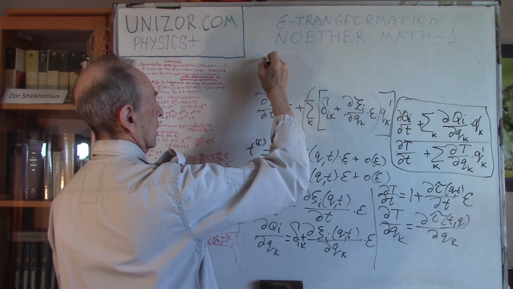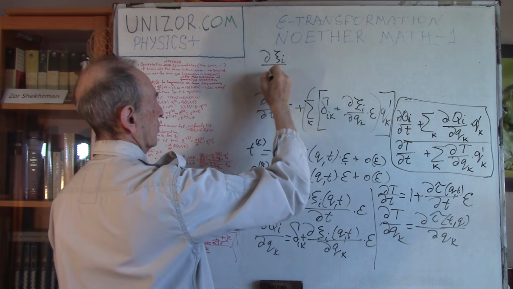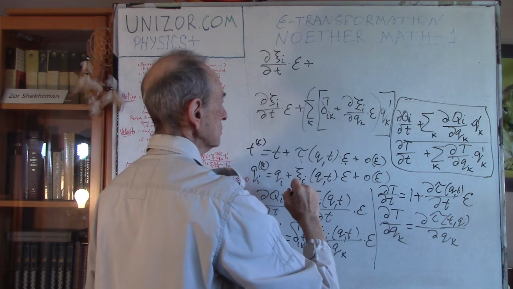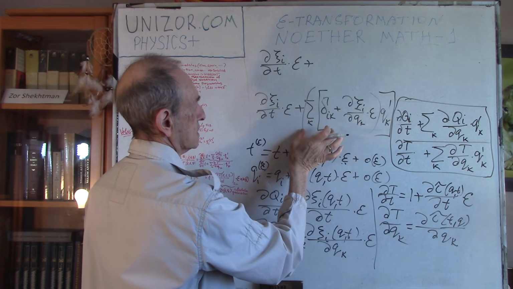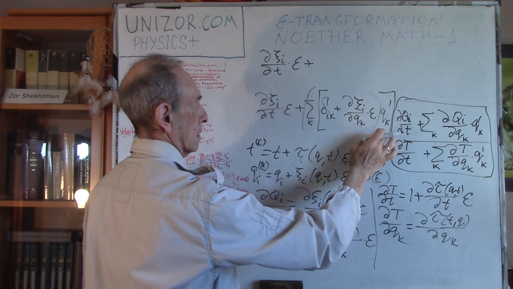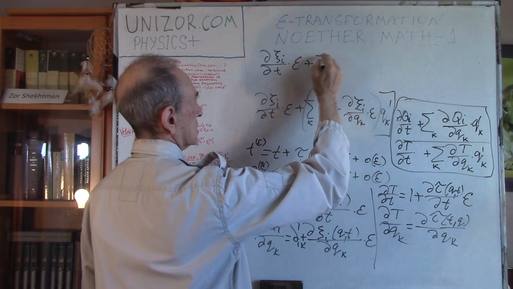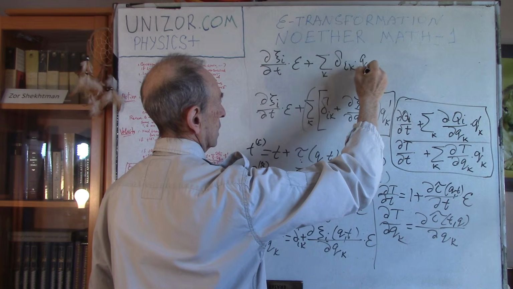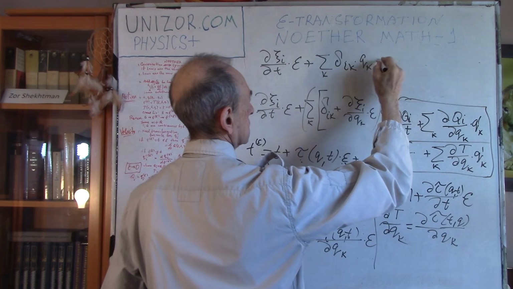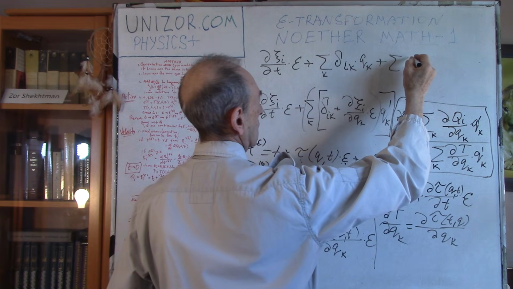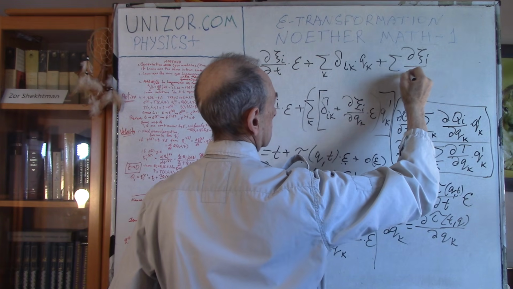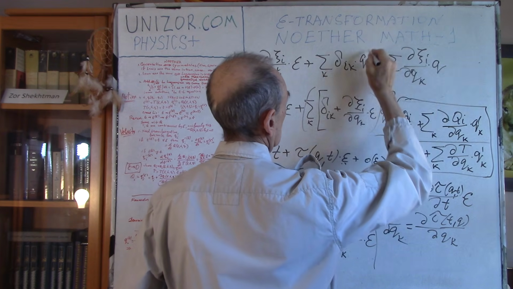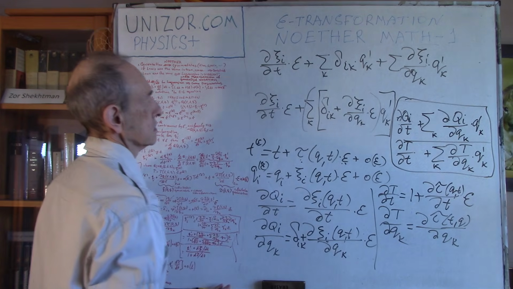So I will have dxi by dt times epsilon plus sigma of delta ik times qk plus sigma of dxi by dqk times qk. It's a velocity.